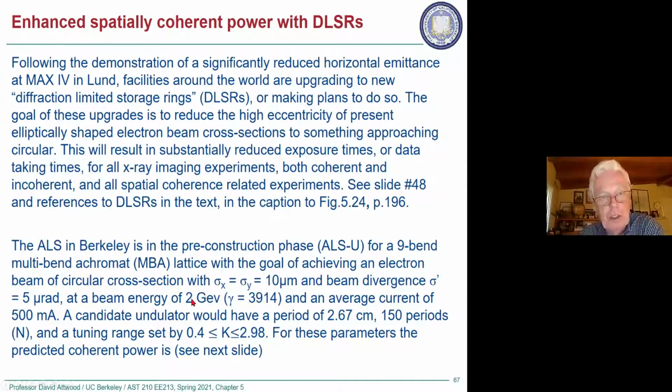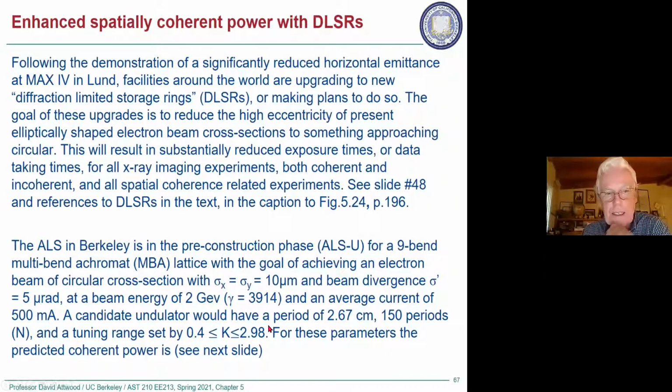So here's the ALS-U, it's going to go from a 3-bend achromat to a 9-bend achromat, and it's going to go from, I think, 260 or 270 microns horizontally to 10. So that's going to get us a 27 all by itself. The new value of the beam energy is now 2 GeV, so this is going to give some factor here.